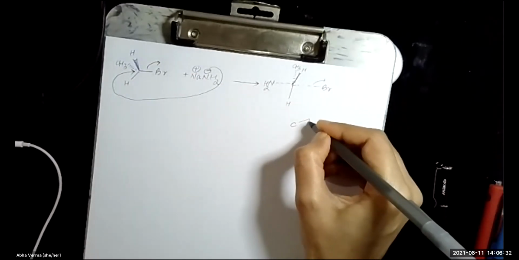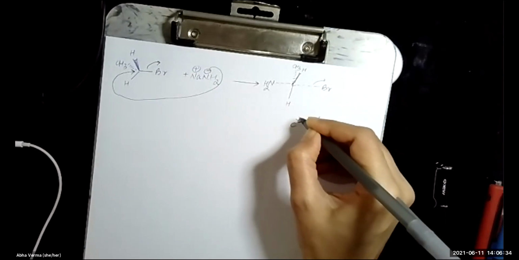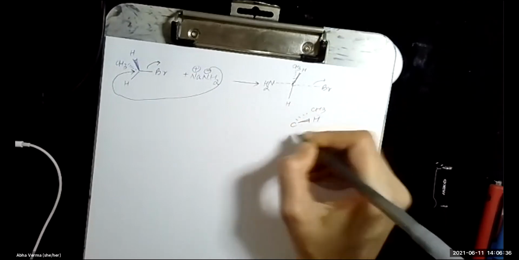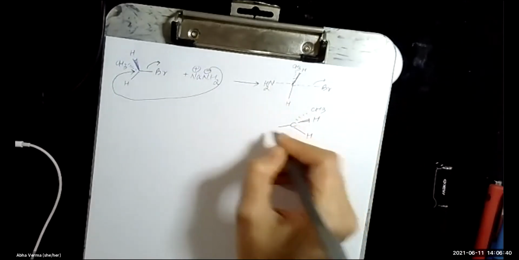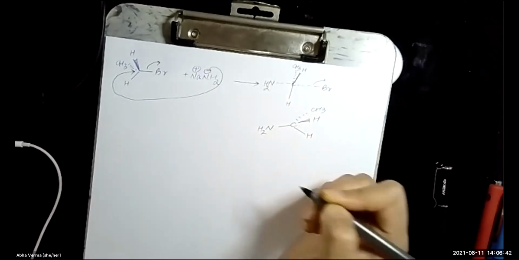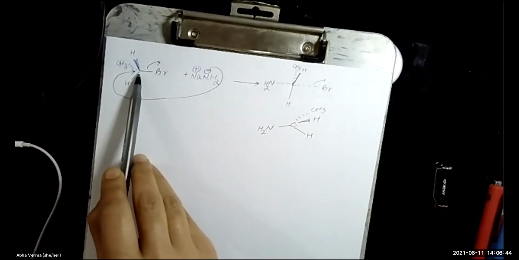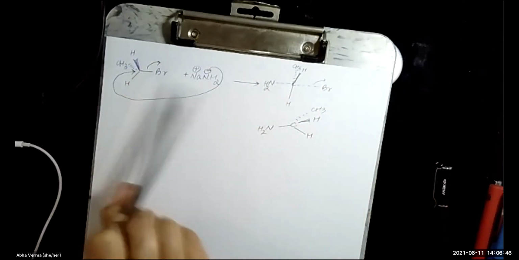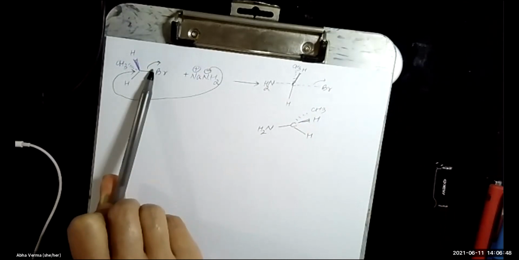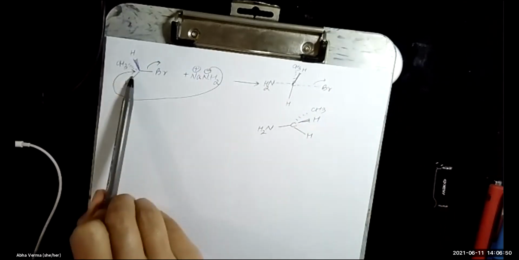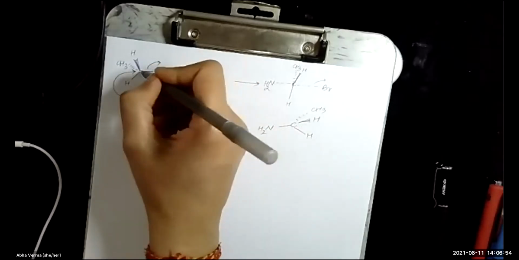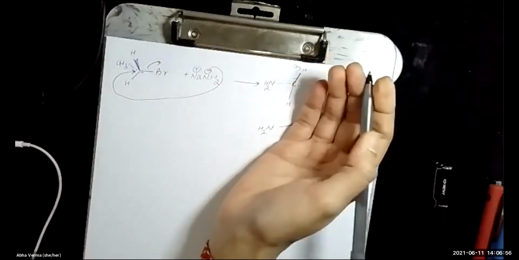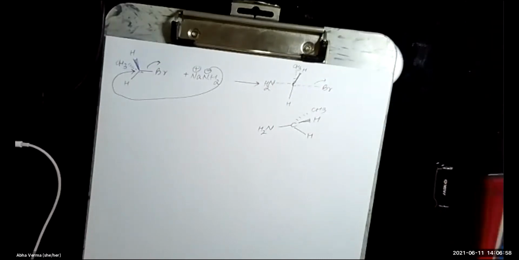I will get a hydrogen, a methyl, a hydrogen, and this NH2. If I do my configurations here, which I cannot because this carbon is not chiral to begin with, but let's say this carbon was chiral, let me make it as OH.